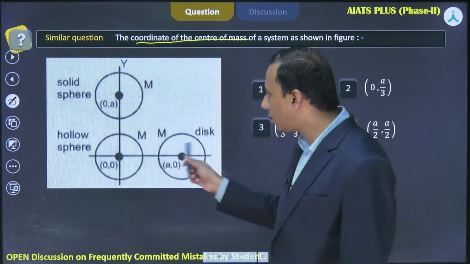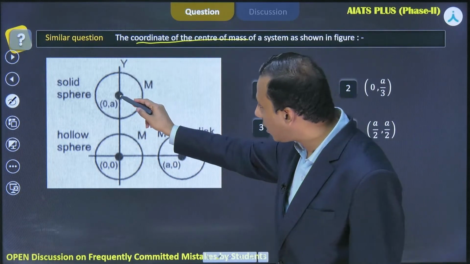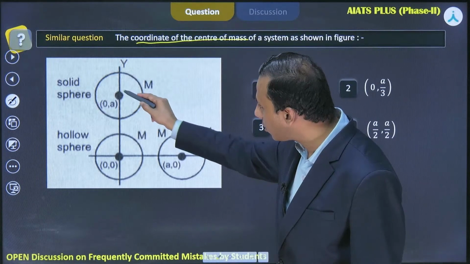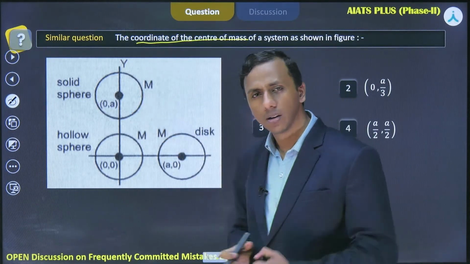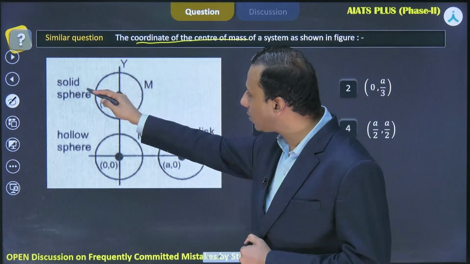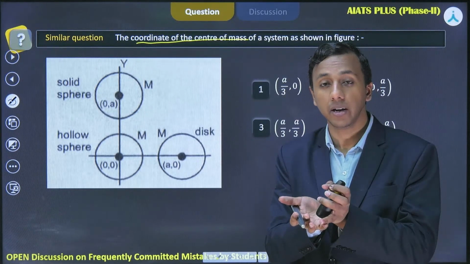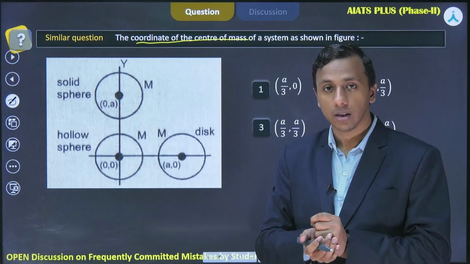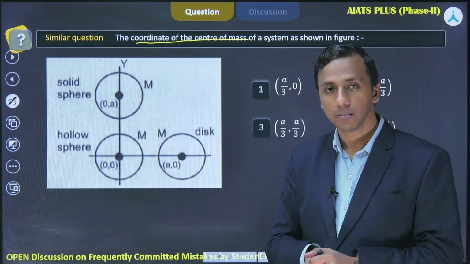You have 3 masses, they are arranged as shown, right? There, if you see at the center, we have drawn a black dot and I have written some coordinates. Why have I drawn this black dot? Because remember, what is this body? It's a solid sphere. A sphere cannot be contained in one plane, right? XY plane. So that means this system is arranged in 3D, right?